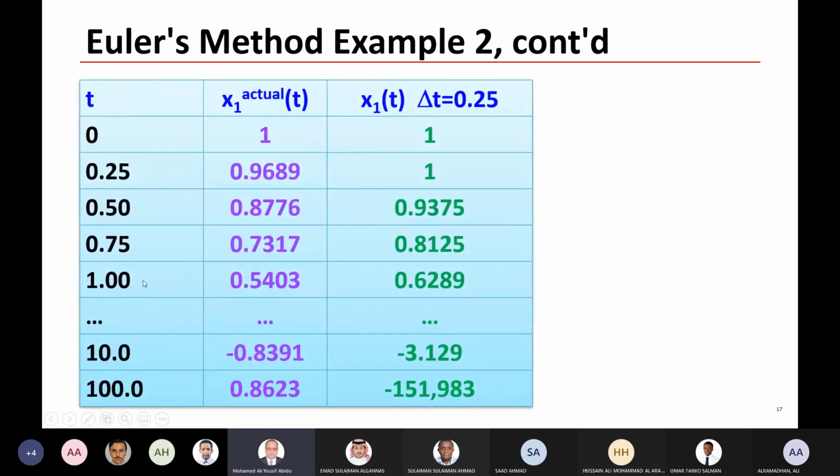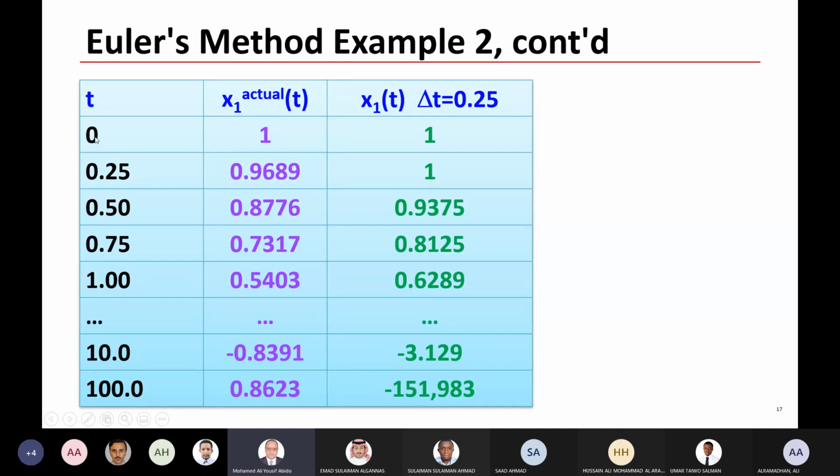This is the situation. This is the t, 0.25, and so up to 100 seconds. So we solve for up to 100 seconds. We know the x actual solution.